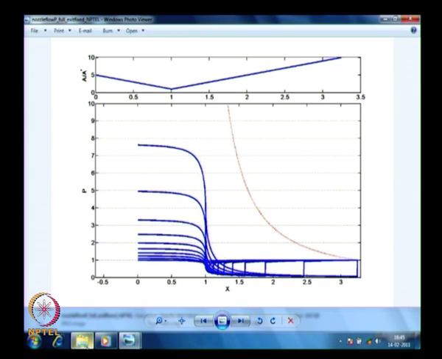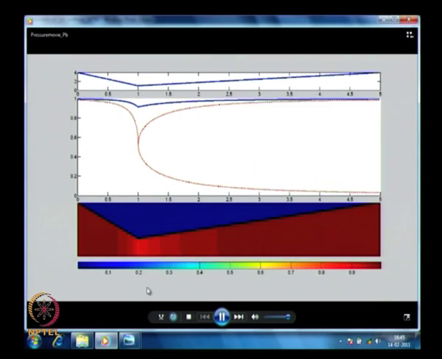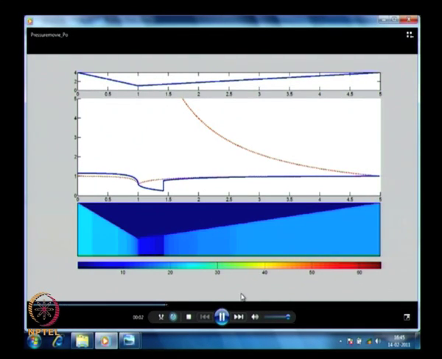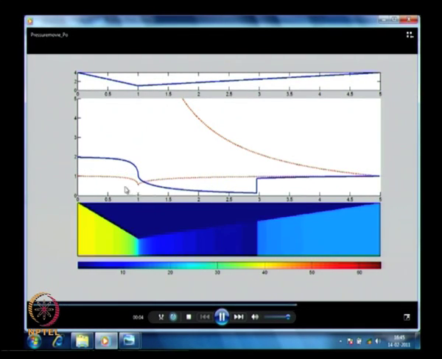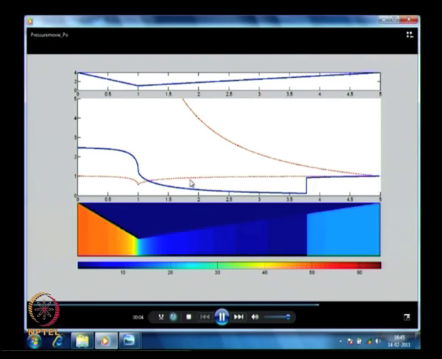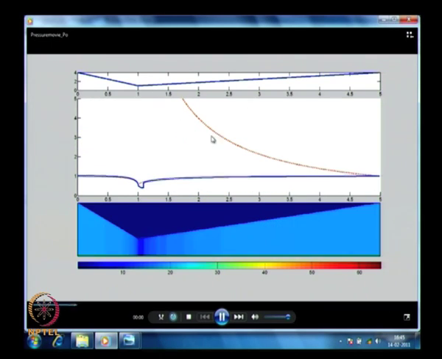I will just show you an animation instead. This is the other animation where I am plotting one by one in each of these. This dotted red line corresponds to P critical 1, this dotted red line corresponds to P critical 3.